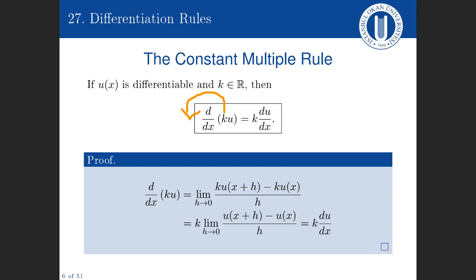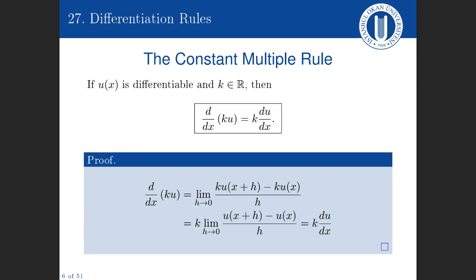And this one I want to prove. How do we prove it? We prove it using the definition of the derivative. By definition, the derivative of ku is the limit as h tends to 0 of, and then we have our function ku at x plus h minus our function ku at x, all divided by h.